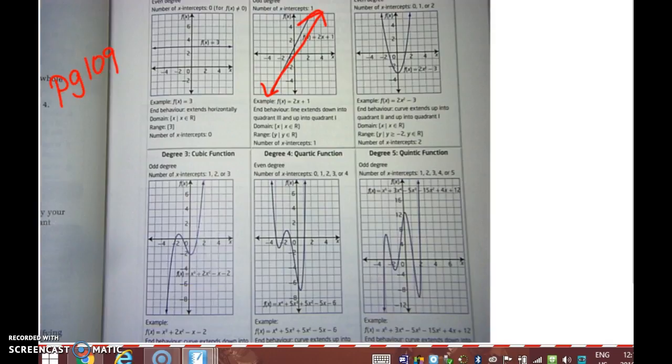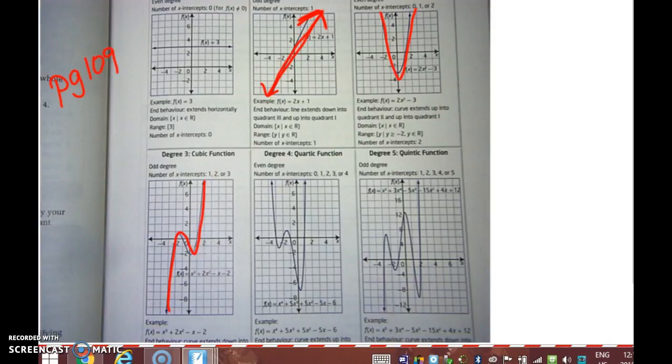Okay, the degrees tell us how many times in the picture it changes direction. If you look at this, if it has a degree of 1, it's going from down to up. It's changing direction 1 time. The degree in this one is 2, so it changes direction twice. So down and then up. If we have a 3, it changes direction 1, 2, 3 times.